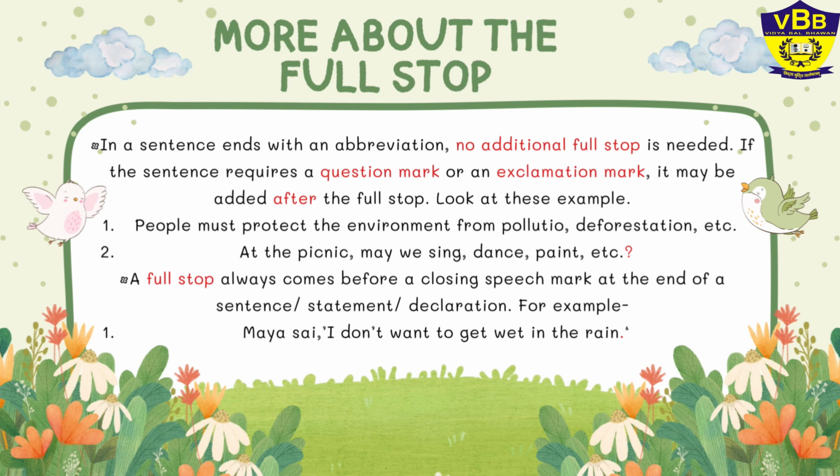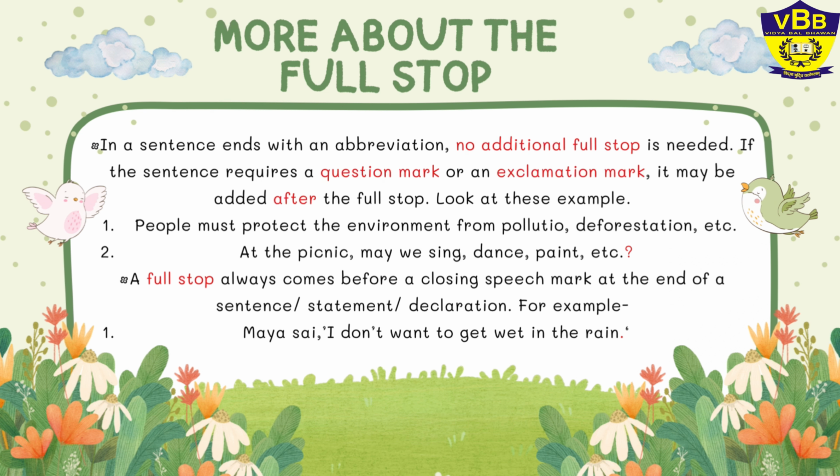The short form. For example, etc. or other abbreviated short forms at the end of sentences. For that, you don't need another full stop. You are going to use just one full stop.